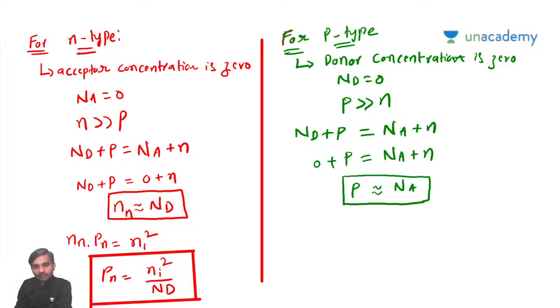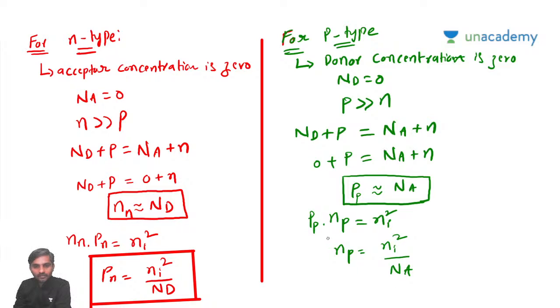Very important. Right? Can I write this as Pp into Np is equal to Na square? So from this, can I write Np is equal to Na square by Na?